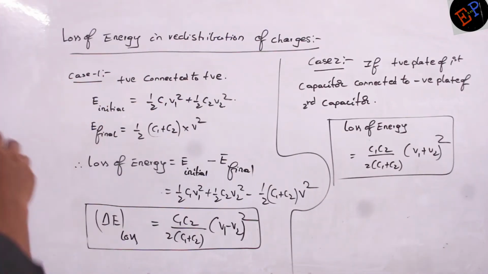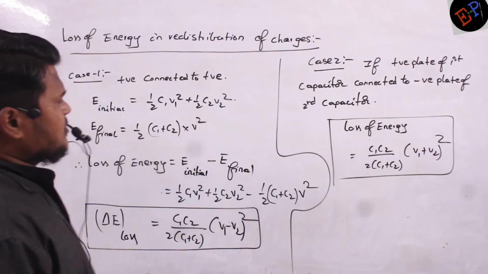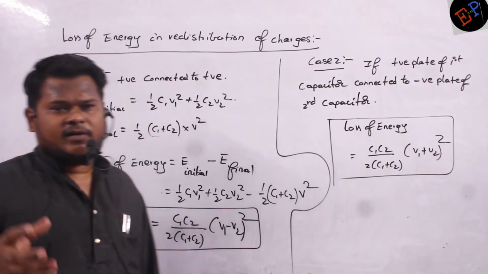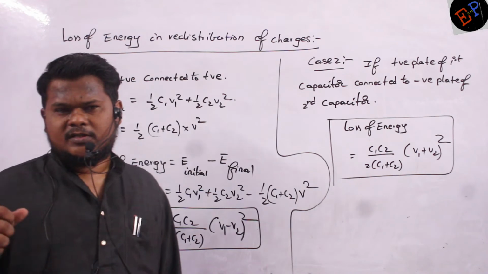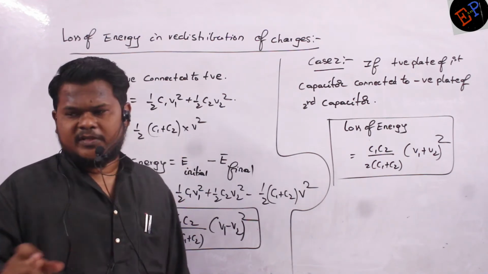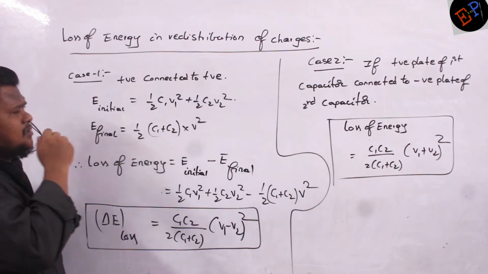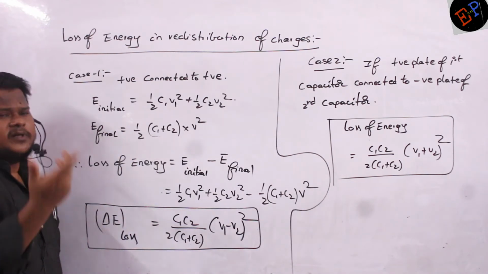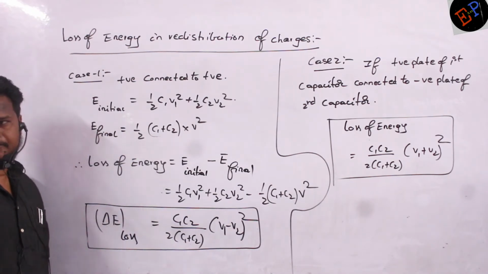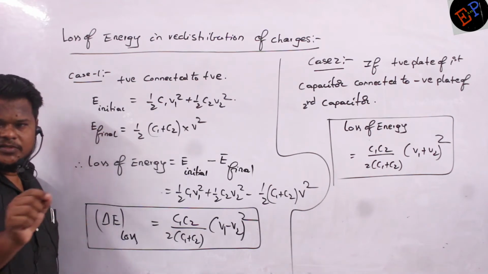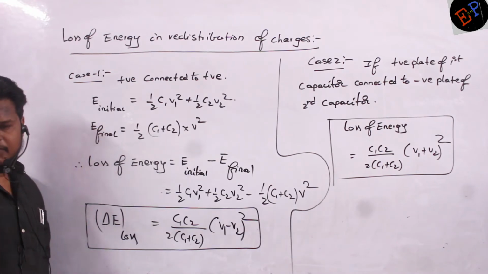When we connect these, charges will redistribute, no? Charges will travel from the first capacitor to the second capacitor. So in this transfer of charges, definitely there will be some loss of energy, because wires will have resistance.